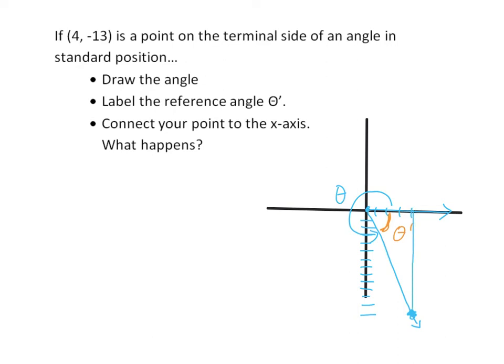So what happens? Well, we just formed a right triangle. Because if we connect this point straight up to the x-axis, this right here is a right angle. And that will be helpful because we will be able to use this right triangle to find missing things using trig.